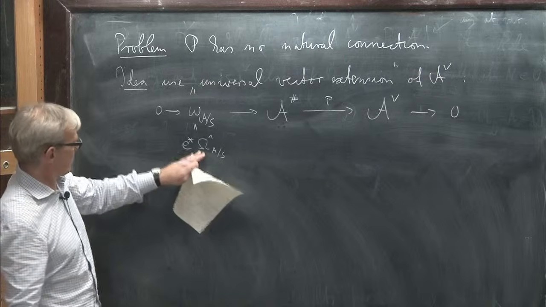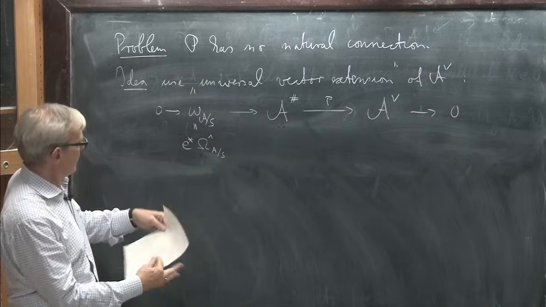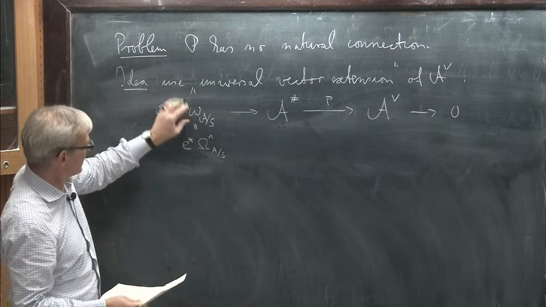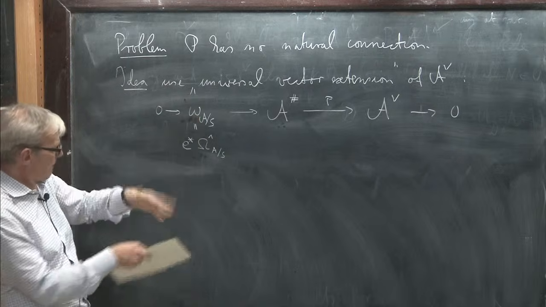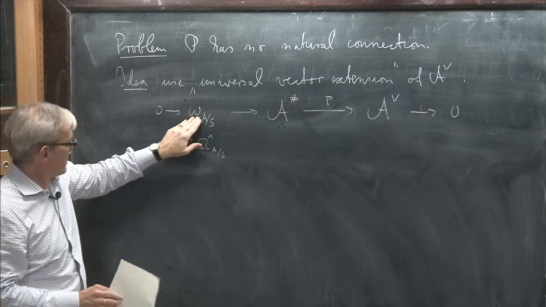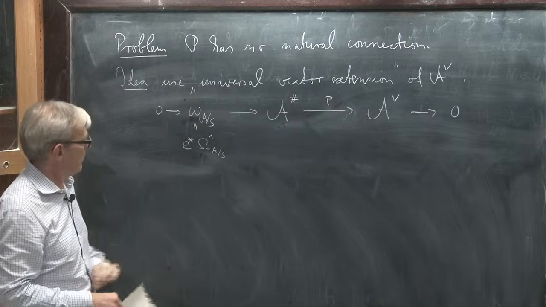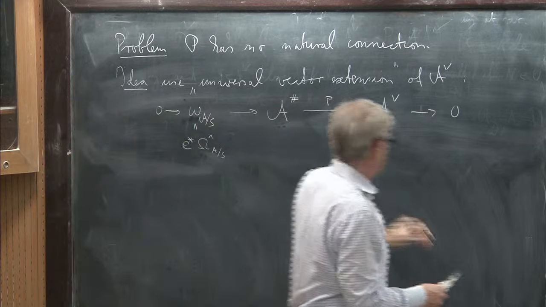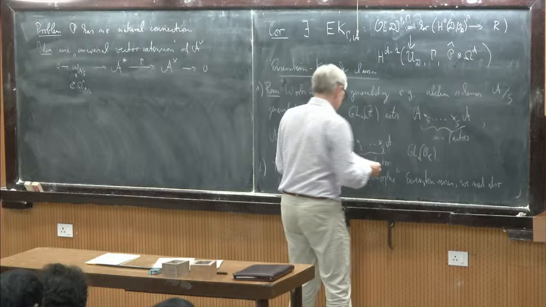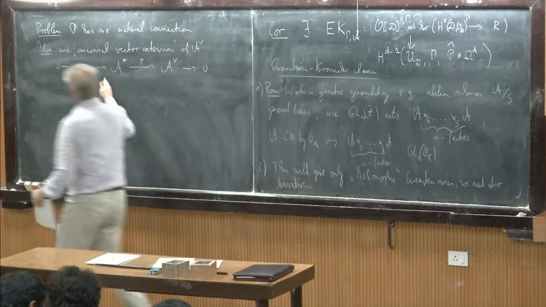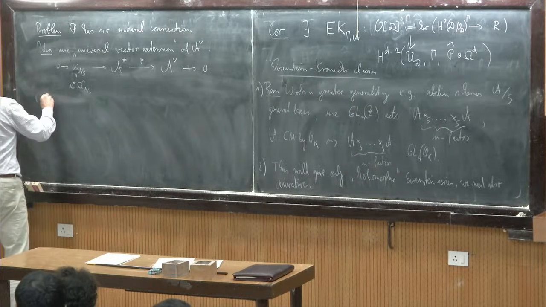That's somehow the dual of the Lie algebra, if you like, of A over S. This is just a vector bundle, and this vector bundle I consider as a group scheme, and that's the sequence. So this is an extension by the vector group.